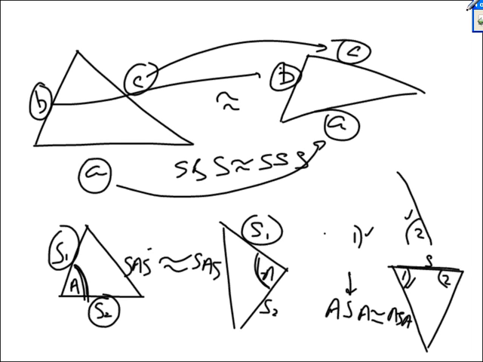The side has to be in the middle here, and over here, between the two sides, the angle has to be in the middle. Between the two angles is a side. That's the side in ASA.